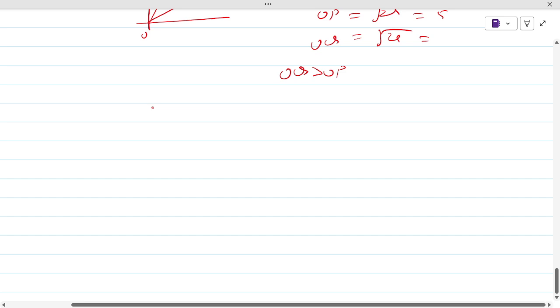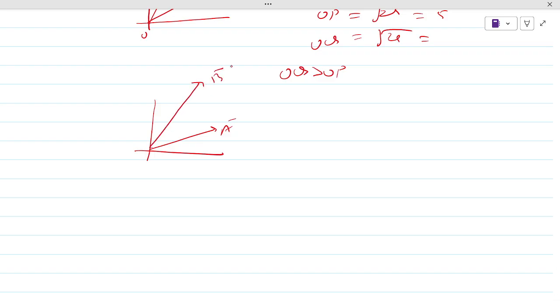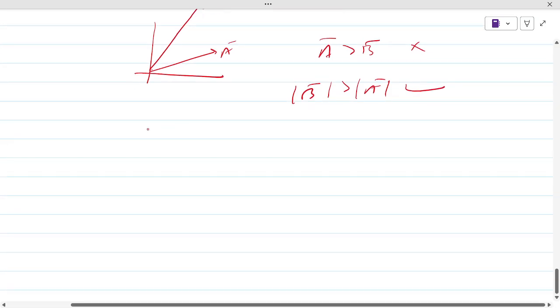Same in vectors also. Let's say this vector is A and this vector is B. We can't say that vector A is greater than B, or B is greater than A. But we can say that magnitude-wise B is greater than A. This is fine, this is not fine. Same in complex numbers also.